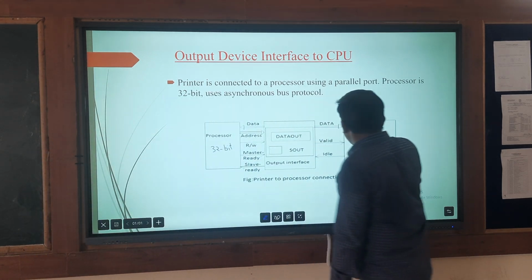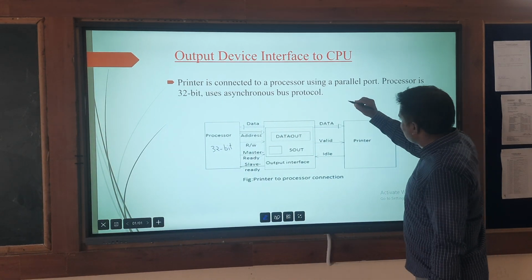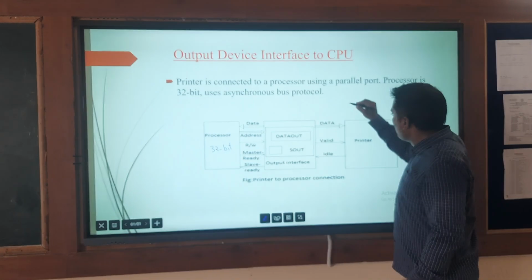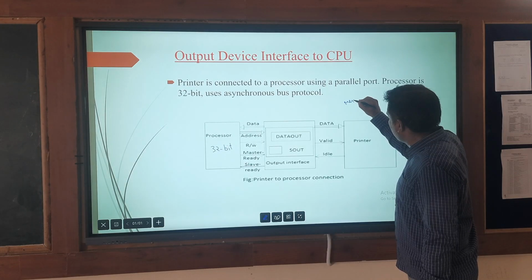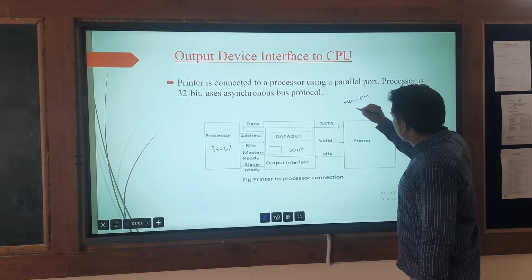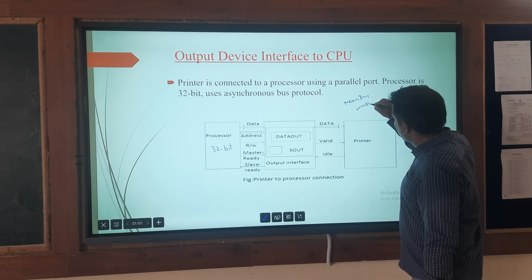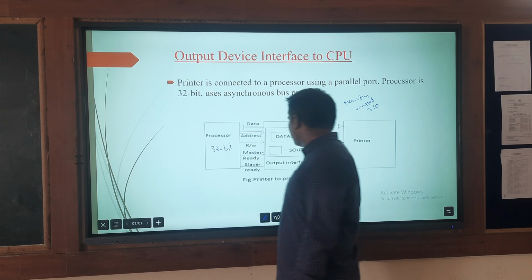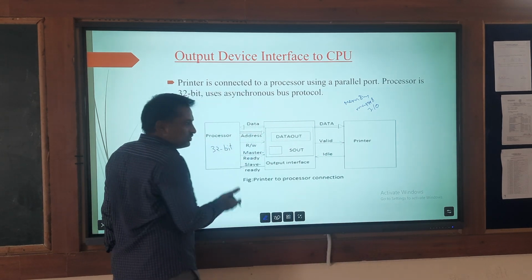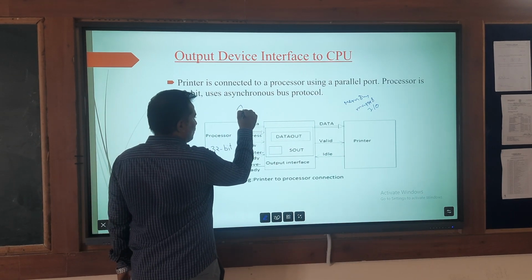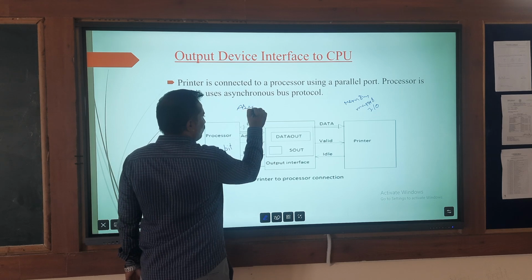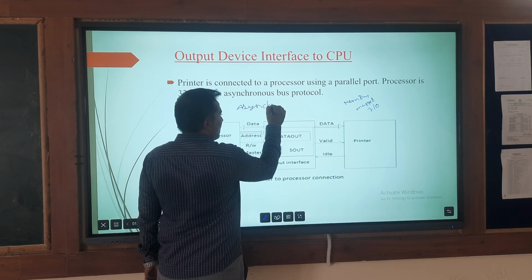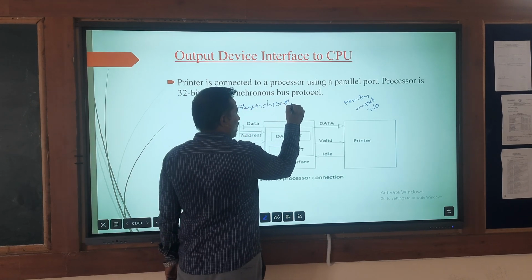For assigning the address, out of two schemes, we are going to assume the memory mapped input output scheme for assigning the address to the output device. And one more assumption we consider is that for transferring the data, we are going to use the asynchronous protocol.